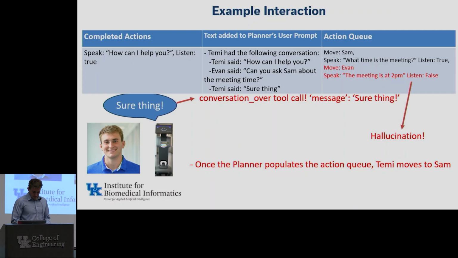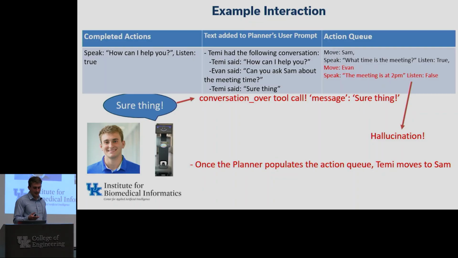So we have the rule that whenever we use a speak action with the listen parameter set to true, we're going to replan after that based on what that conversation entailed. The model hallucinates this, but it's not a big deal because we're never going to get to this action anyway.